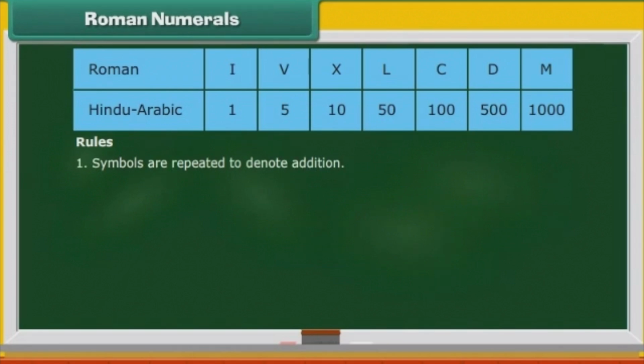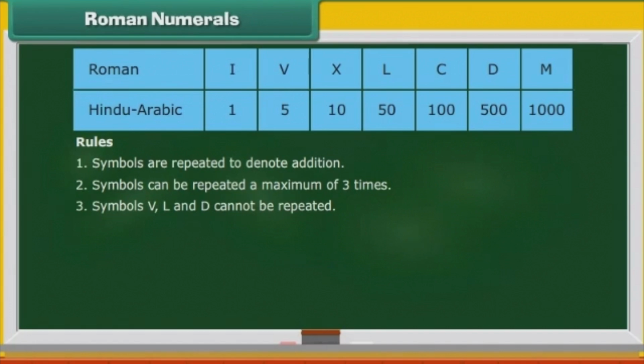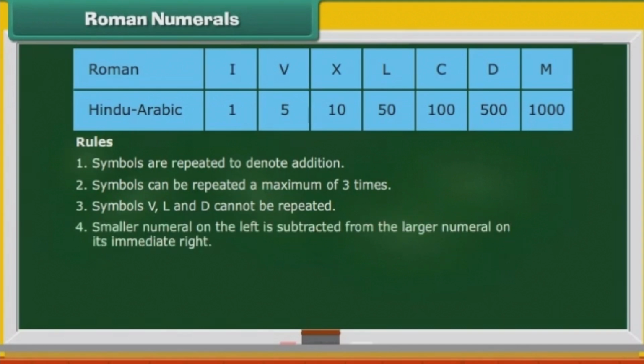Number 1. Symbols are repeated to denote addition. Number 2. Symbols can be repeated a maximum of 3 times. Number 3. Symbols V, L and D cannot be repeated. Number 4.